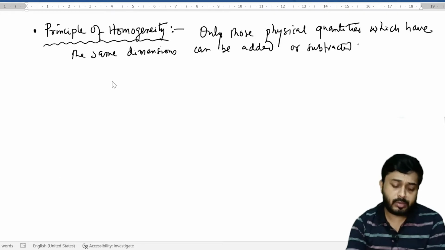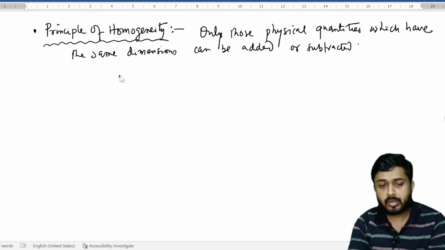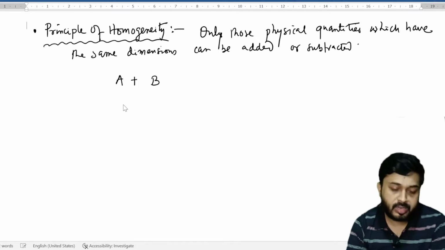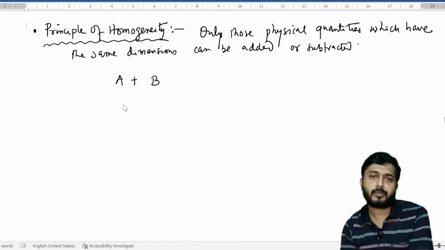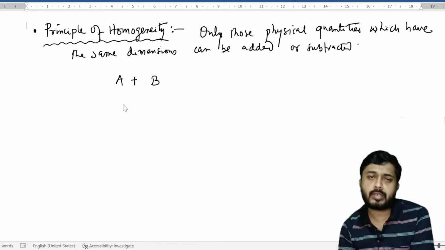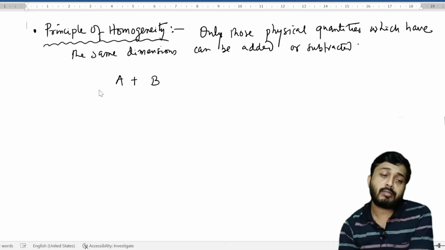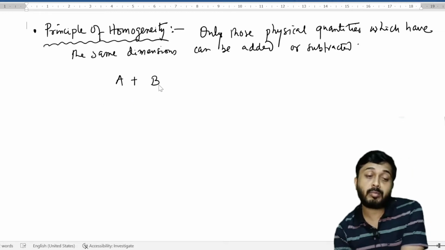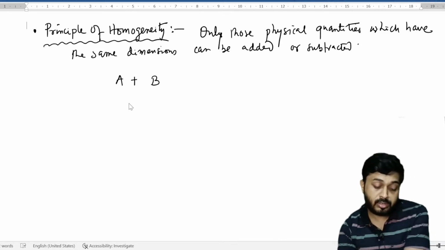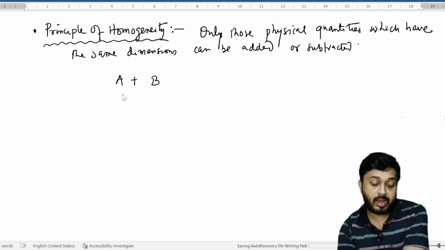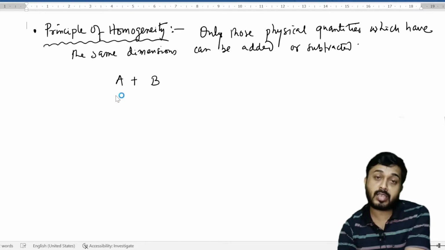If I give you an example, if these two physical quantities A and B are getting added somewhere, in some steps of simplification or manipulation or in deriving an equation, then be certain about the fact that A and B must have the same dimensions.